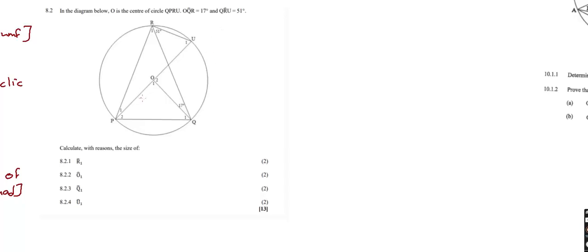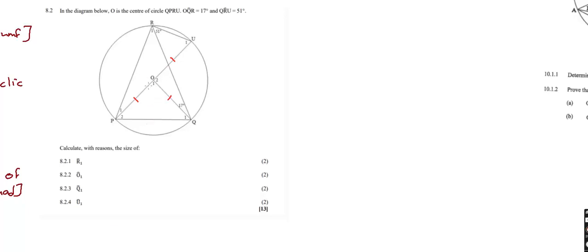Since O is the center of the circle, just know that every line from the center to the circumference is equal to one another. So you will realize that P2 is going to be equal to Q1 because this is an isosceles triangle, right? Just keep in mind those kind of things.